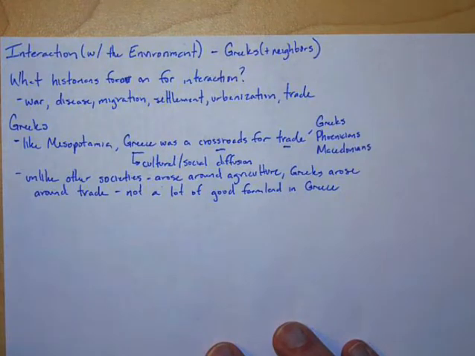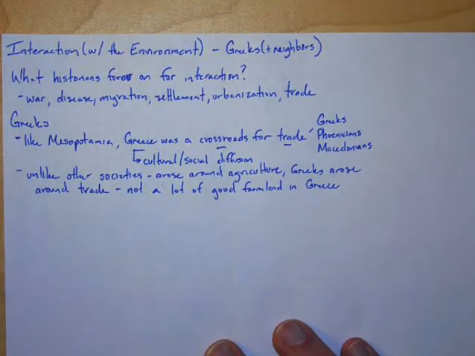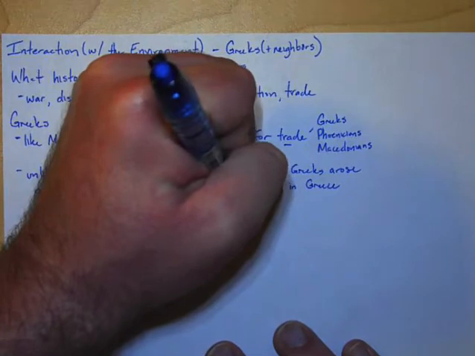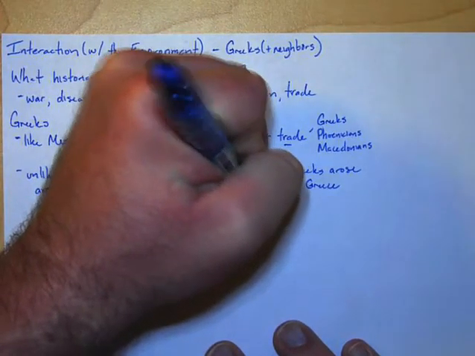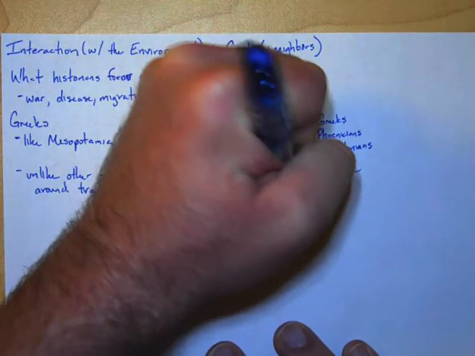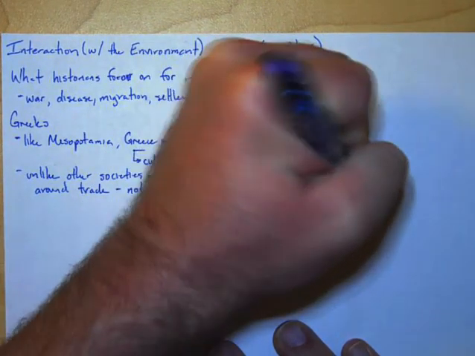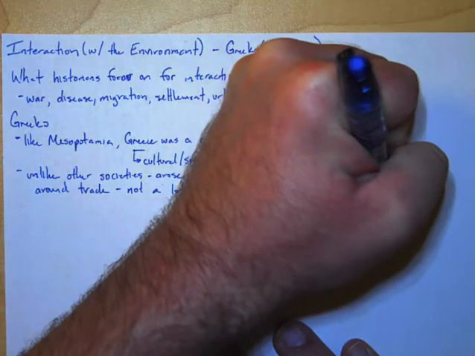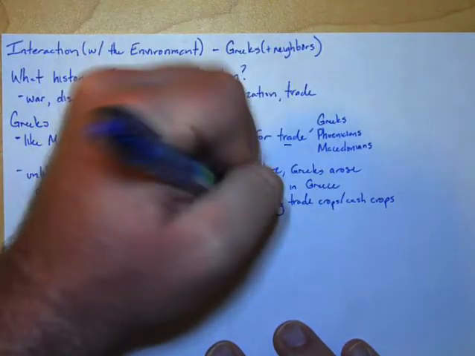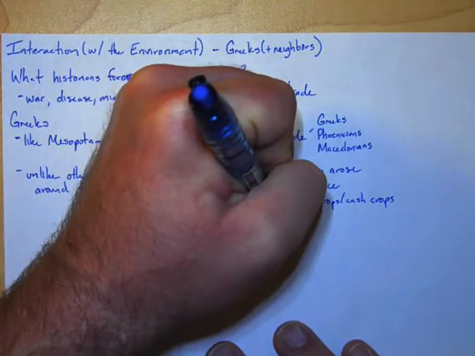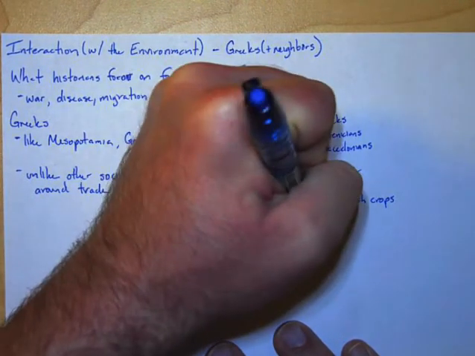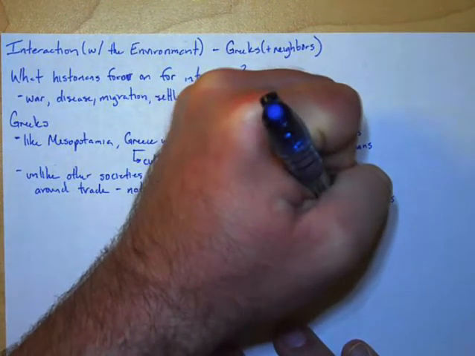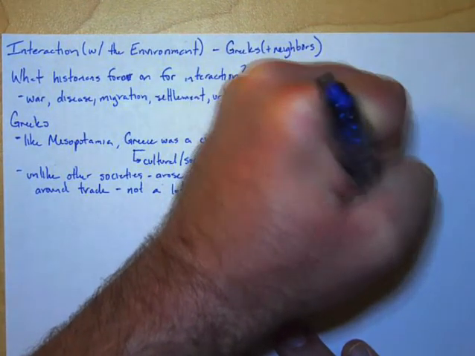There's not a lot of it, and it's not that good for growing the kinds of crops you need for large-scale agriculture. But what the land here is good for, this is good farmland for growing trade crops or cash crops. Specifically, olives, which can be turned into olive oil, and grapes, which can be turned into wine.